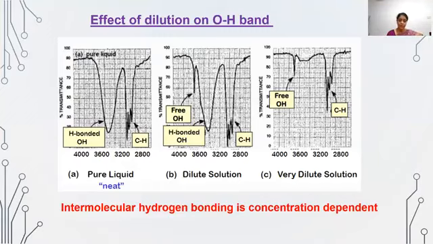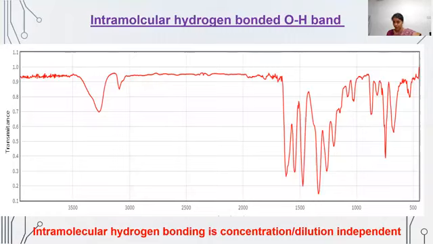So here you can see the effect of dilution or concentration. Here we can conclude intermolecular hydrogen bonding depends on the concentration, its shape and its absorbing value, both depending on the concentration of the alcohol solution.